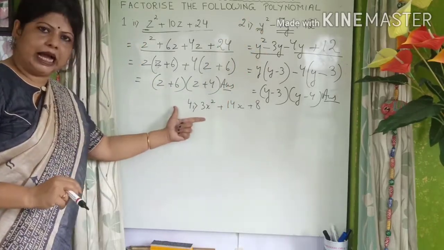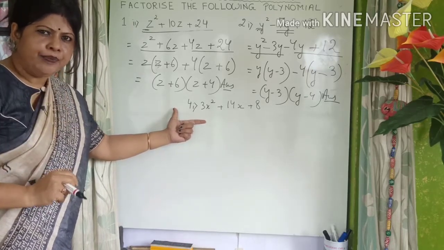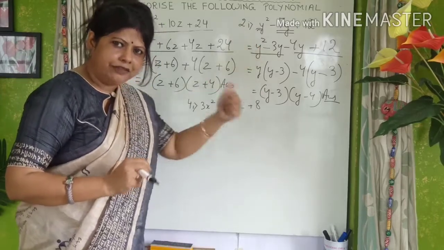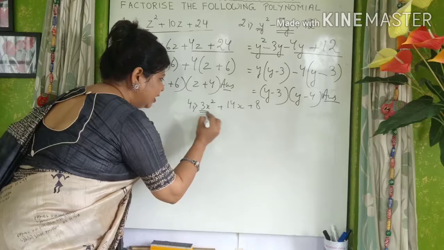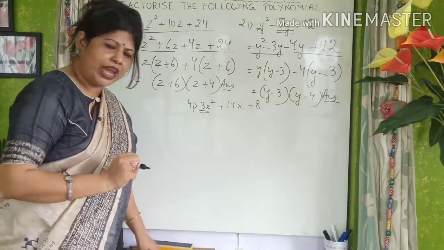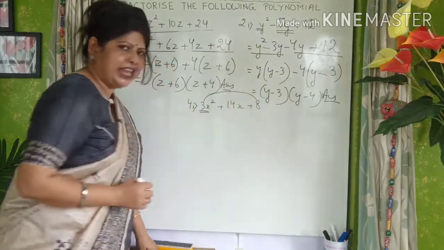But now let us take up question number 4, 1. In question number 4, children, what is the difference between this question and these? The difference is, here the first term also has a numerical coefficient. So what you have to do, you have to multiply 3 and 8.